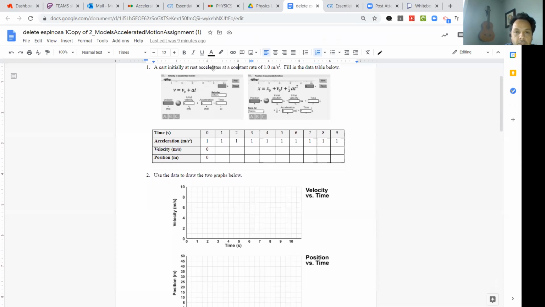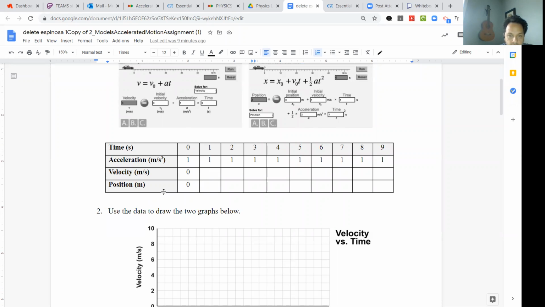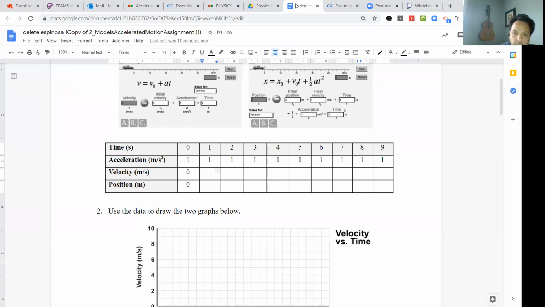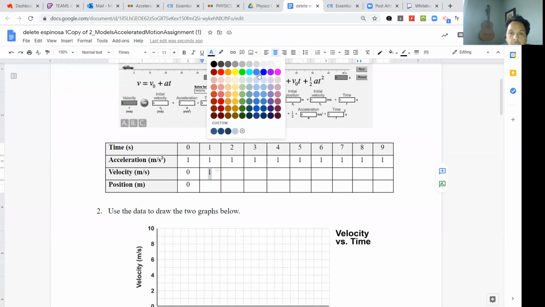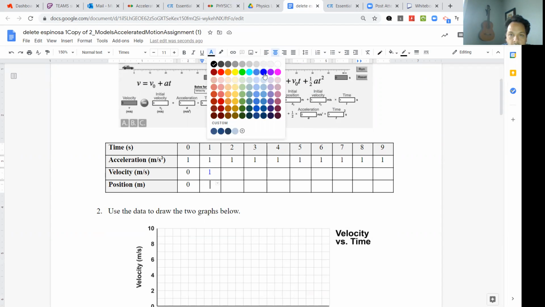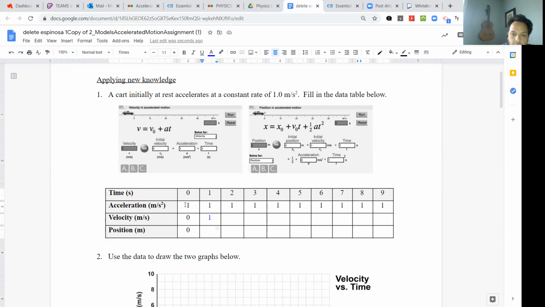So for 1, my velocity was 1 and position 0.5.